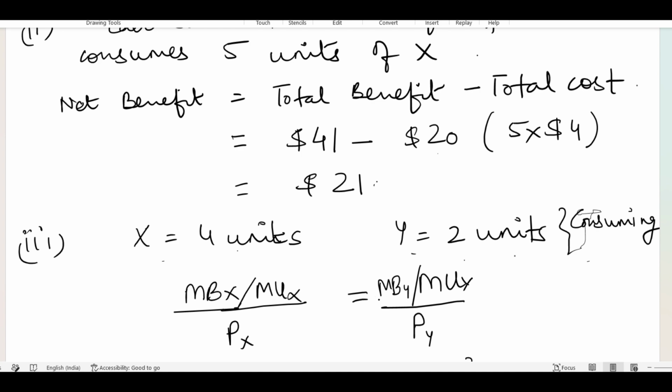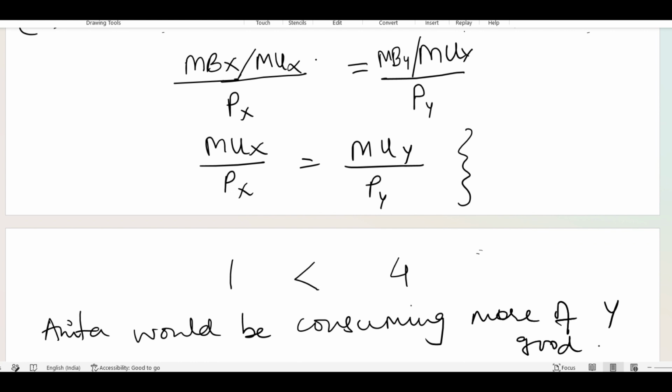Now, we all know that for the optimal combination, this should hold true: marginal utility of X divided by P of X should be equal to marginal utility of Y divided by P of Y. That's your law of equi-marginal utility. You remember that, right? Marginal utility, marginal benefit, one and the same thing.